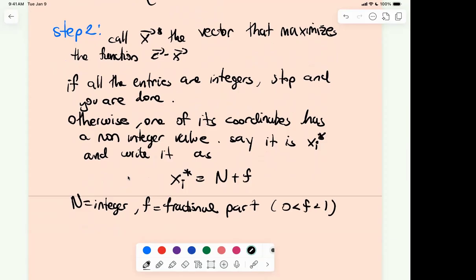So like the fractional part is 0.5, 0.3, 0.1, whatever it ends up being. Setup so far so good, everyone with me, like the setup?